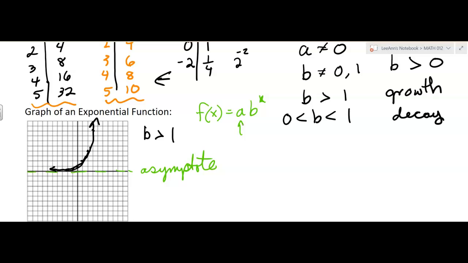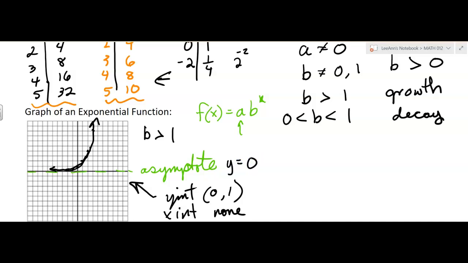And what do we have for our graph right here? Well, we have a y-intercept at 0, 1. There's no x-intercept, none. We have the asymptote. By the way, the equation for the asymptote is y equals 0.